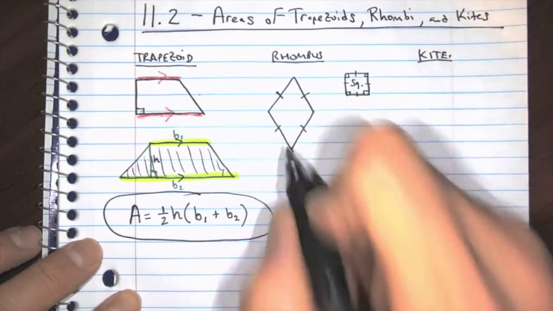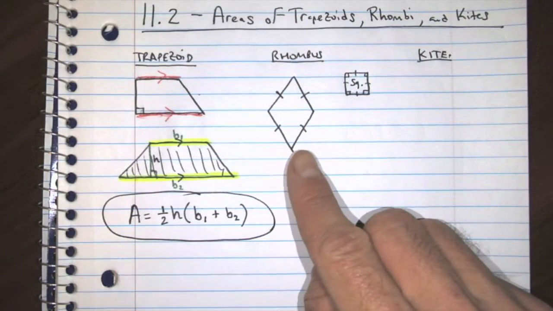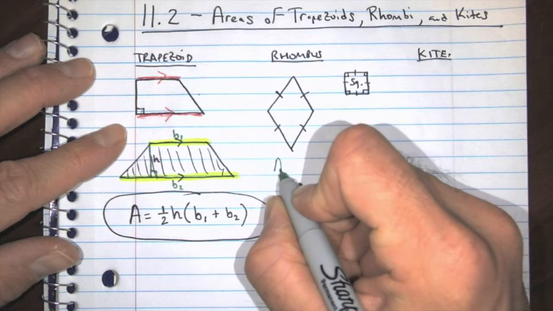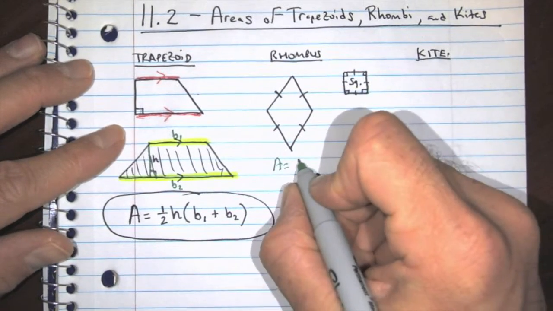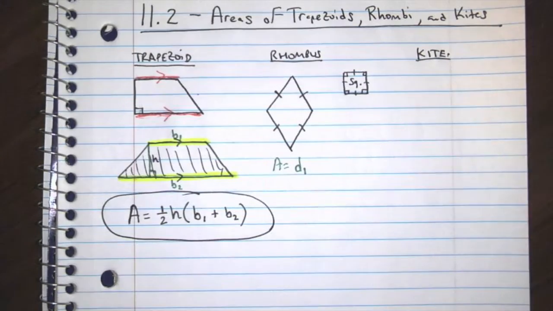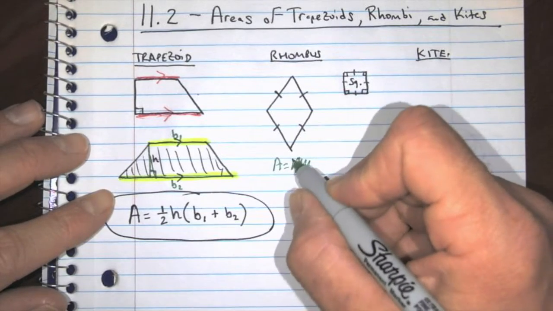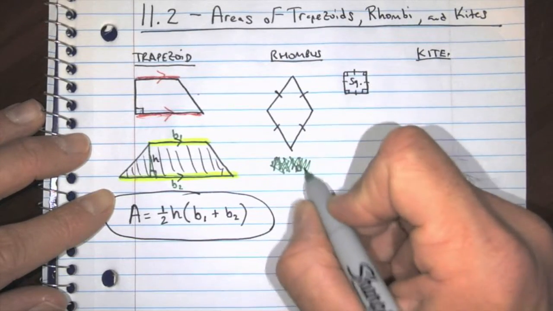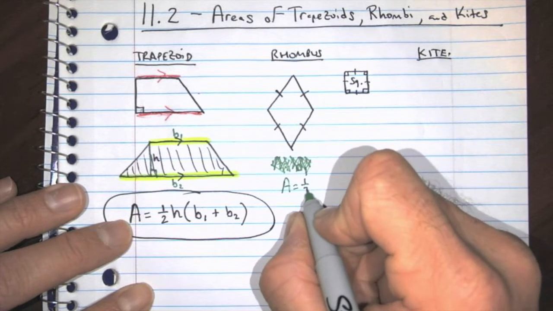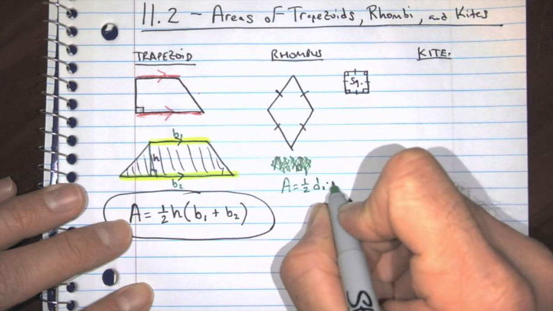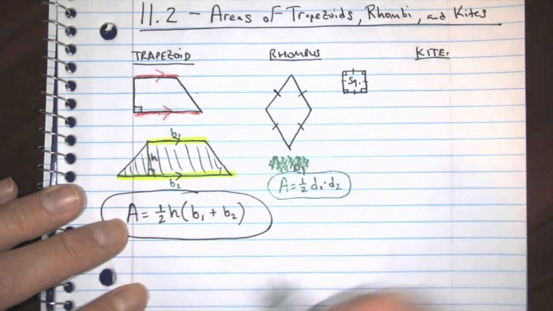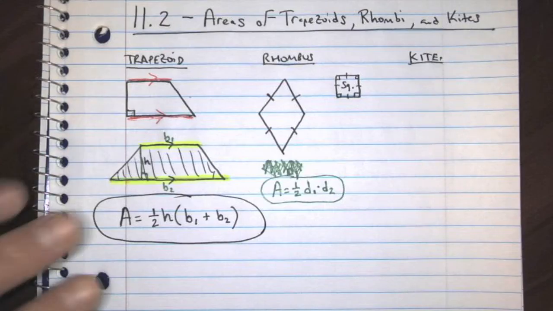If we wanted to find the area, if we wanted to fill that shape in on the inside, then here's your formula. Area equals diagonal 1. Oh, hold on. Slow your roll, Mr. Kosal. Pump the brakes. Area equals 1/2 d1 times d2. d1 and d2 represent the diagonals of the rhombus.